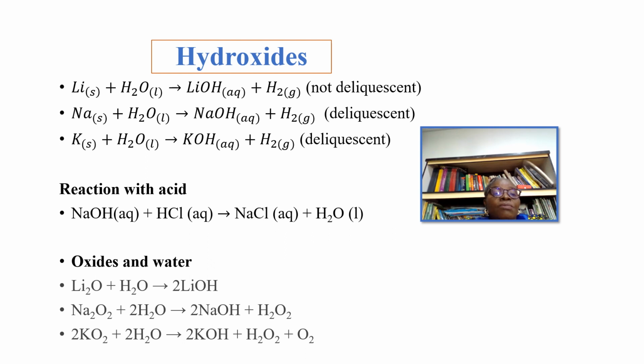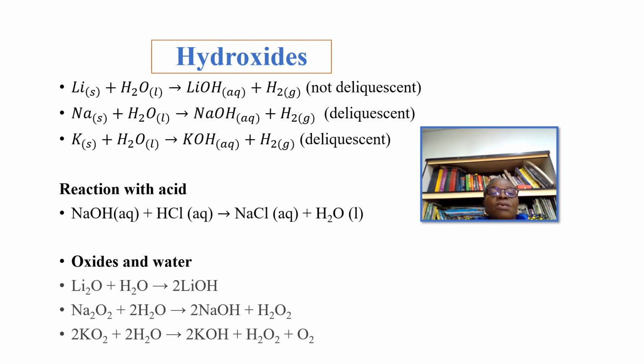Lithium solid reacts with water liquid to form lithium hydroxide and hydrogen gas is liberated. Sodium solid reacts with water liquid to form sodium hydroxide and hydrogen gas is liberated. Potassium solid reacts with water liquid to form potassium hydroxide and hydrogen gas is liberated.